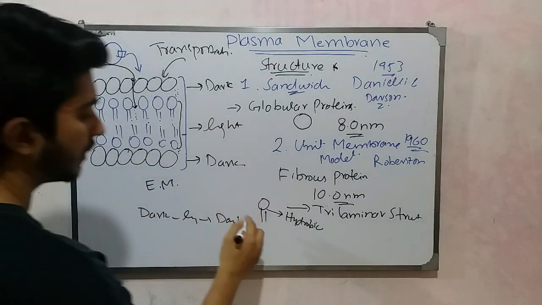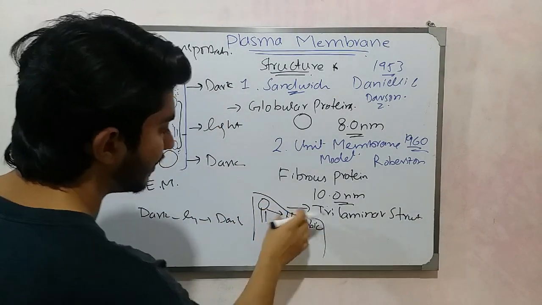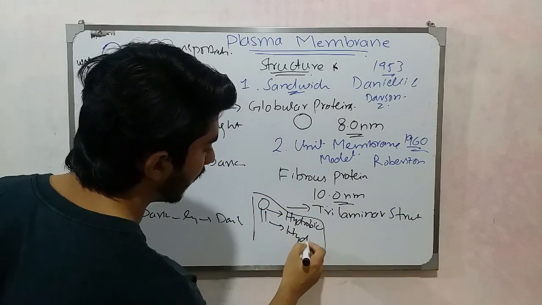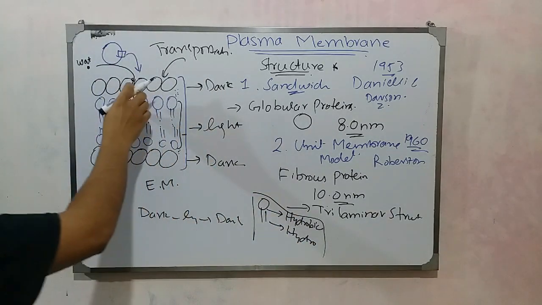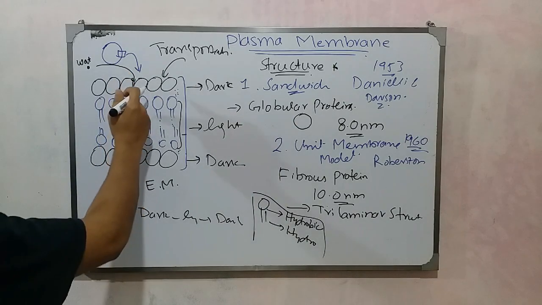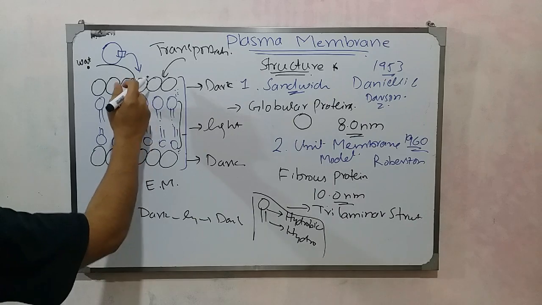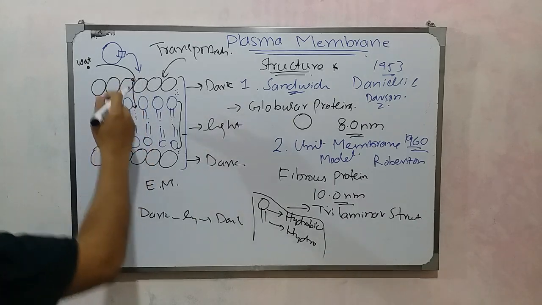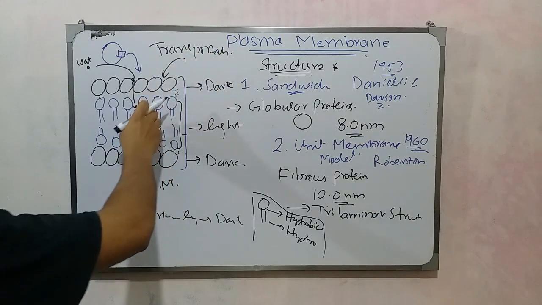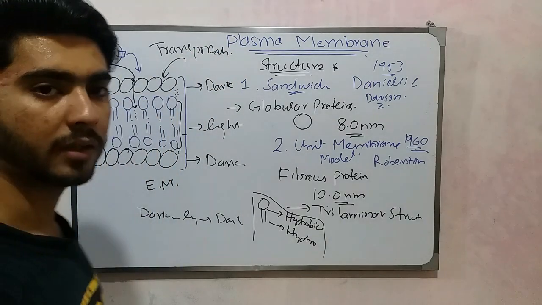Here we take only one. This is the hydrophobic part, this is the head region, while this is hydrophilic. Hydrophobic means it can't allow the passage of water molecules through it. So the water molecules stop here and they can't go further. That's the reason there is no idea given by them about the transportation of water molecules through the plasma membrane.